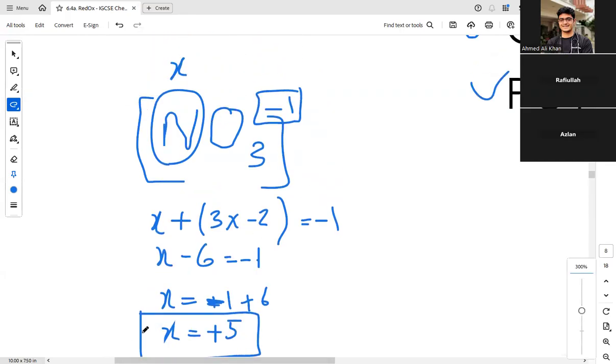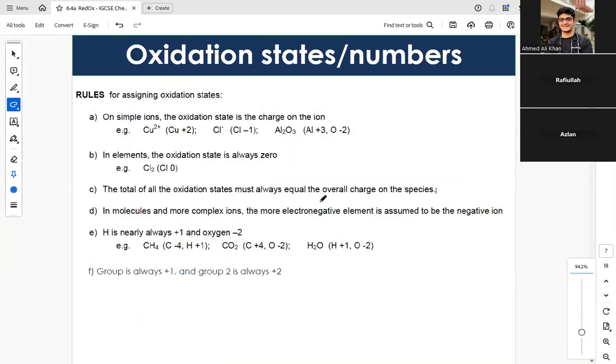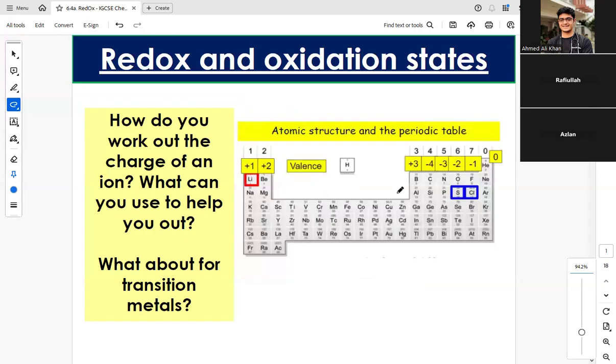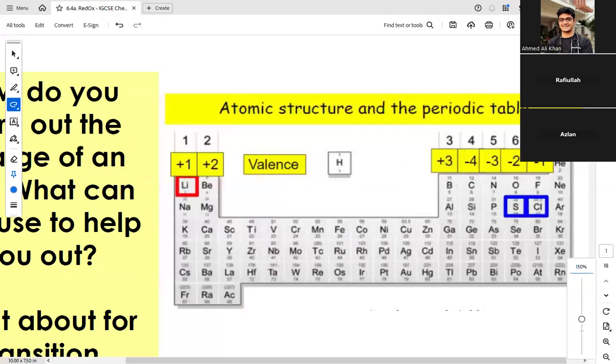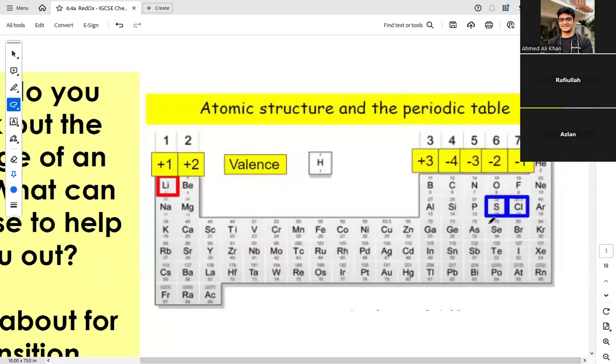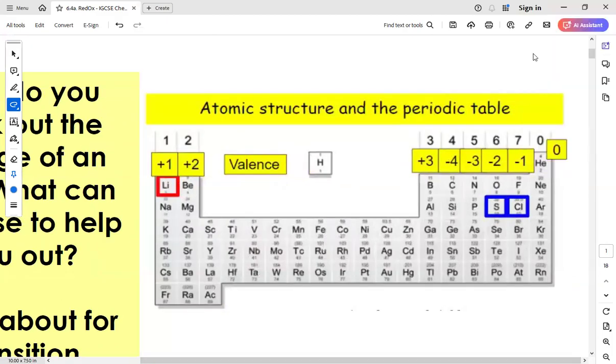Okay. Now you see, even though nitrogen किस group से belong करता है? Which group does nitrogen belong to? Group 5, right? So group 5 में, if the elements form a simple ionic compound, they get a charge of -3, right?